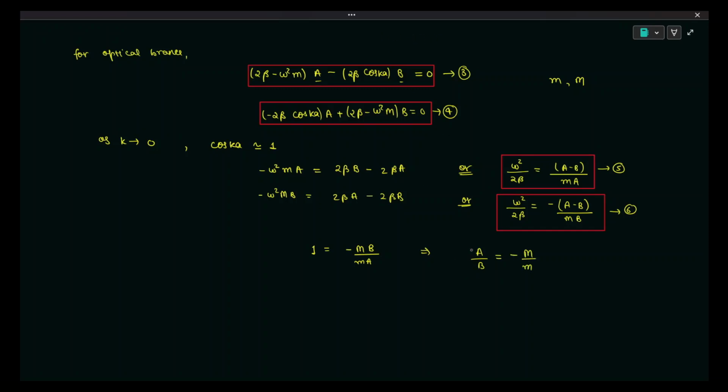So this is the relation which represents the ratio of amplitudes, which is equal to the ratio of masses. If you remember, this A was the amplitude of small mass m, and this B was the amplitude of capital mass M. So the amplitudes are reciprocal to the masses.